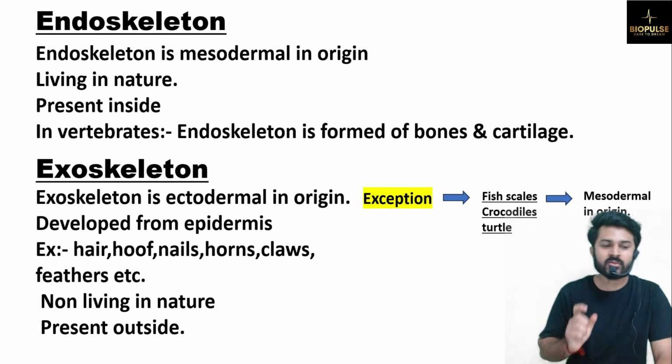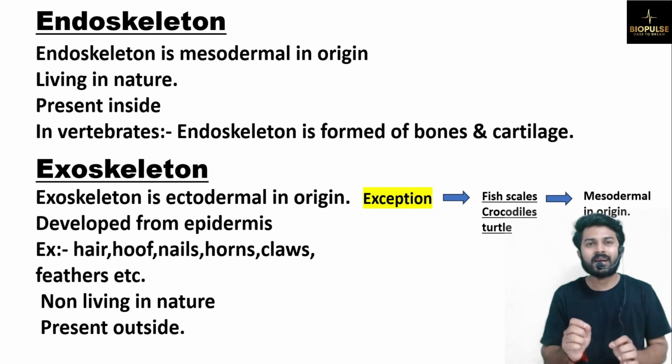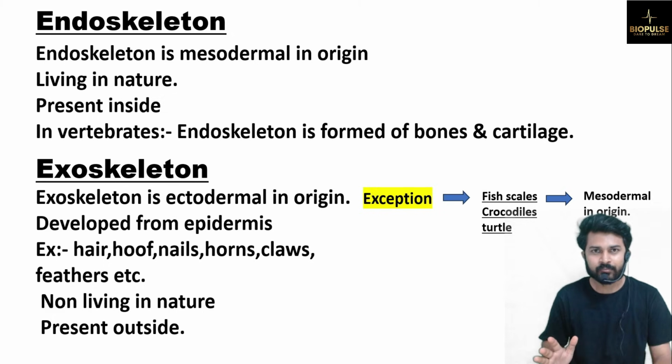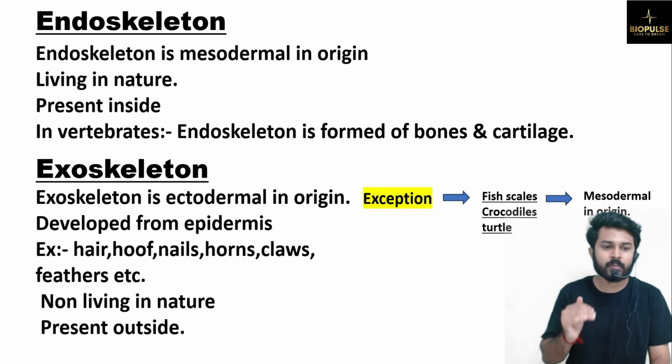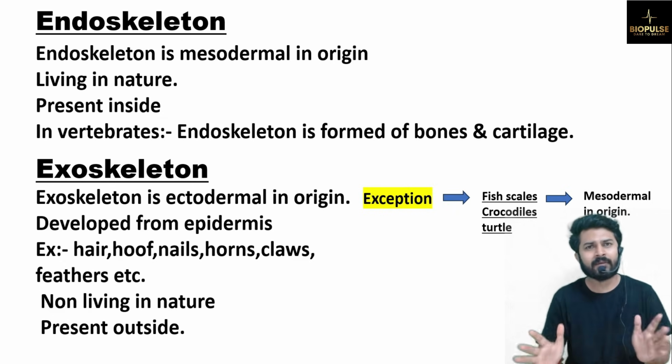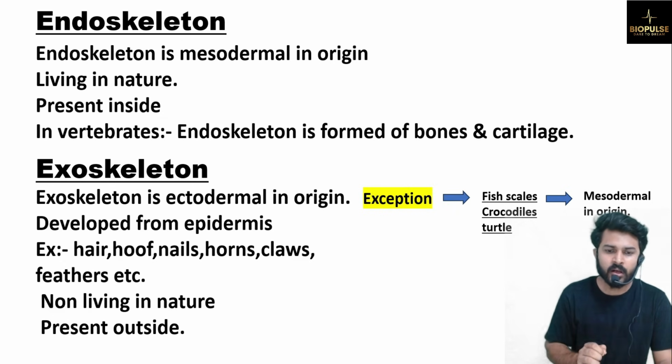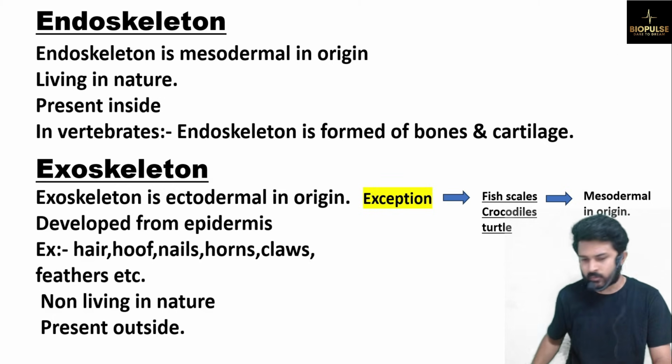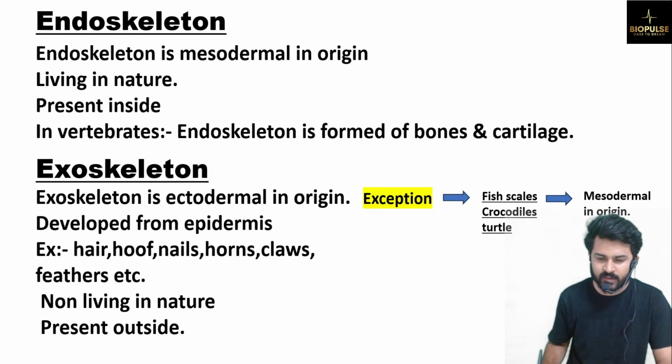Now exoskeleton, the exoskeleton is ectodermal in origin. So the outermost layer will be forming the exoskeleton. Now there is every time some exception to it. So one exception given over here, you can see, is fish scales. The scales of the fish.